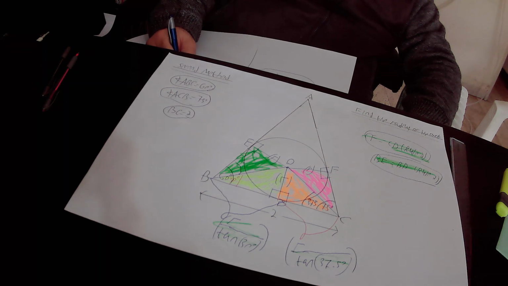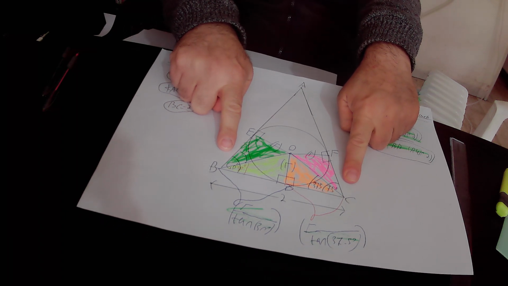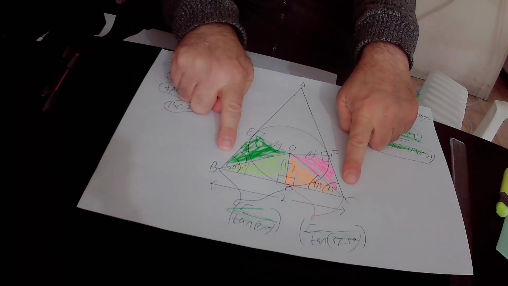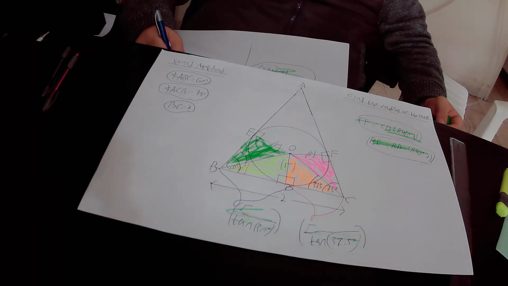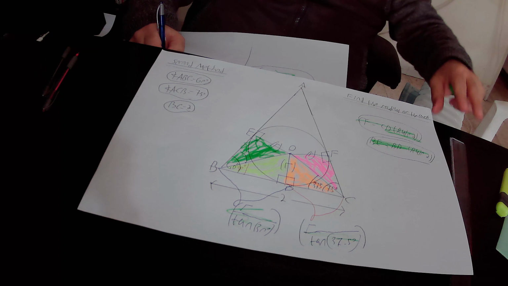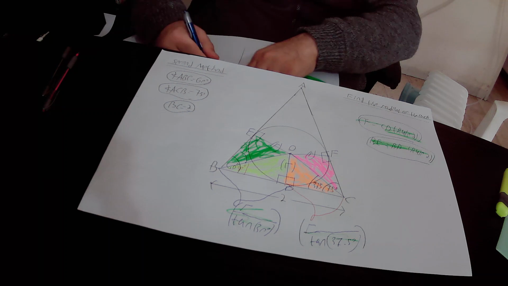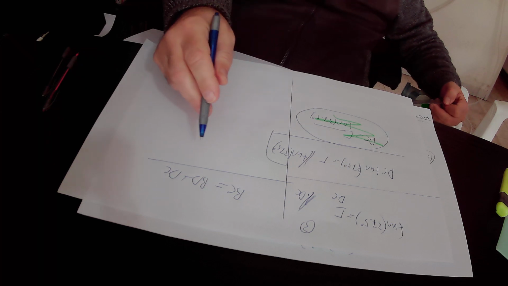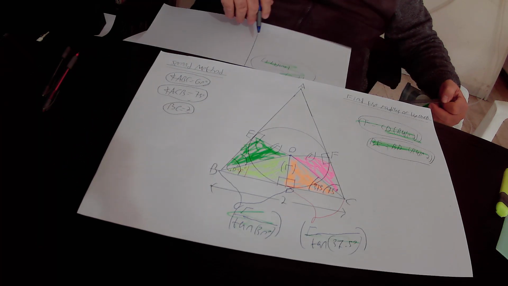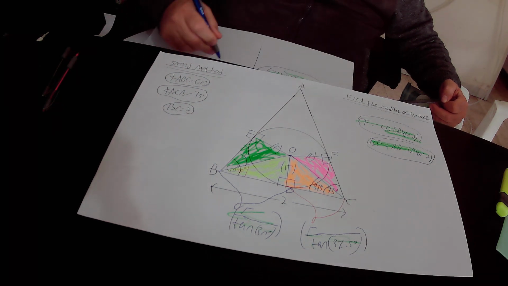Side BC, from the drawing it is very easy to see, equals BD plus DC. BC equals 2 units in length, so we substitute BC by 2.